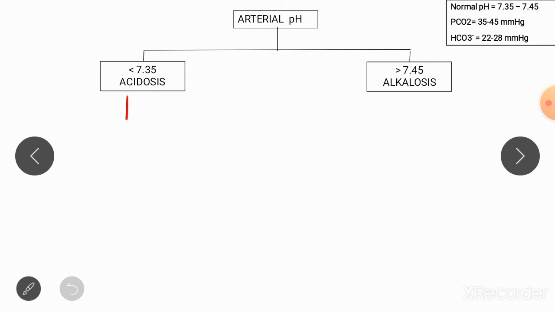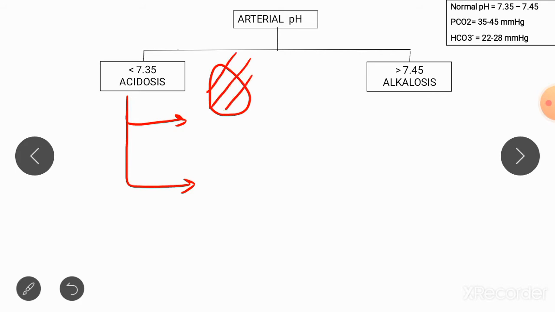So before we move on, what do you think is going to happen in acidosis? Acidosis can be either due to respiratory cause or it can be due to renal cause. If the cause is respiratory, then how can lungs cause acidosis? Of course, lungs are going to cause acidosis if they are not working properly and they are retaining carbon dioxide.